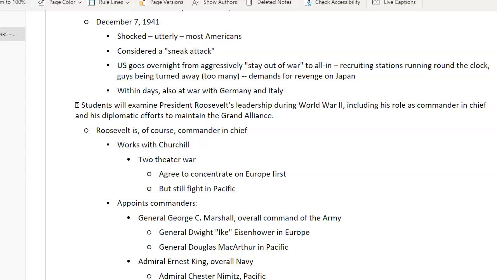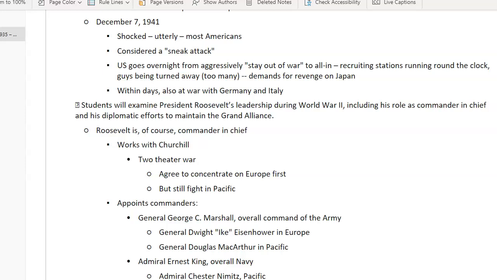The U.S. goes overnight from aggressively stay out of the war to all in. The afternoon of December 7th, men made plans to join the Army. By the next morning, which was a Monday morning, recruiting stations were open late, and there were lines around the block.